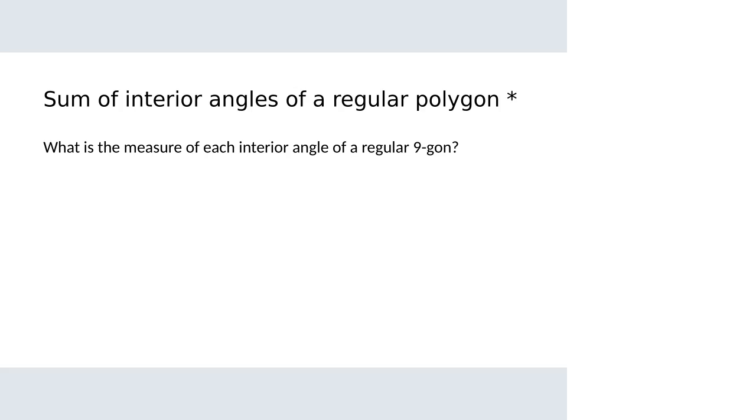So we want the measure of each interior angle of a regular 9-gon. Well, I can find the sum of all the interior angles by just using n minus 2 times 180. In this case, because I have a 9-gon, I know that n is going to equal 9.